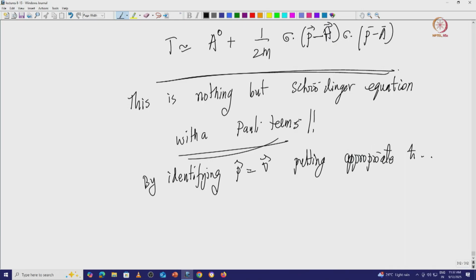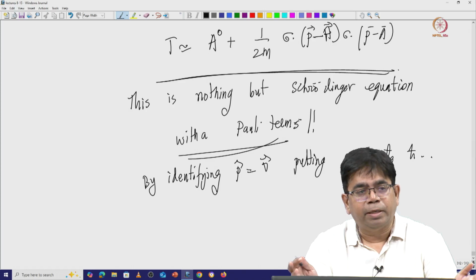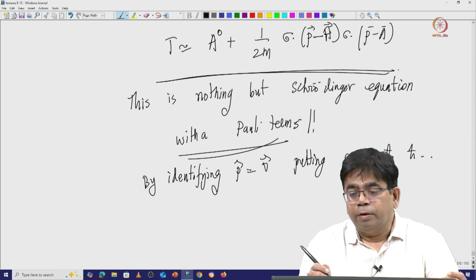Wherever there is an h bar you can put it back; we took h equal to 1, but in non-relativistic quantum mechanics you restore it.